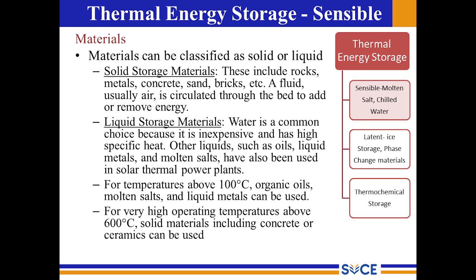So materials which can be used include solid storage, liquid storage. When you're talking about temperatures up to 500 degrees Celsius, we can use oils and molten salts, and beyond 500, 600 degrees Celsius, it can include concrete and ceramics as well.